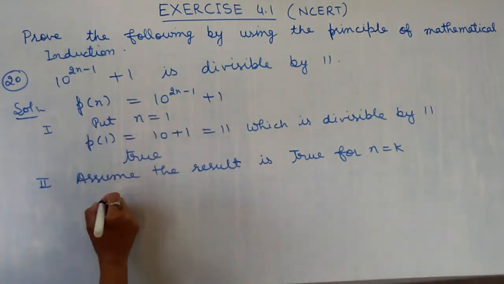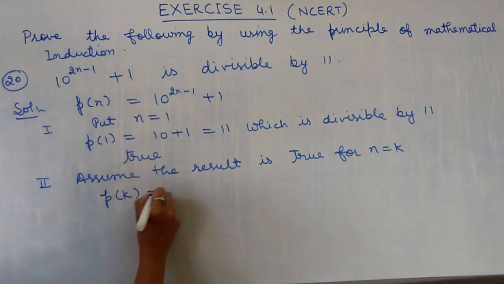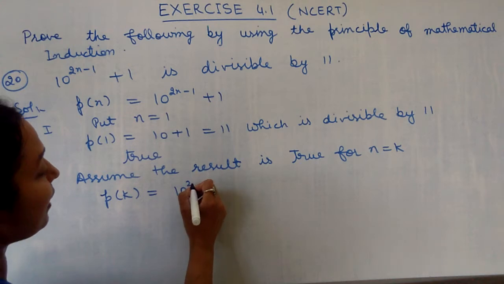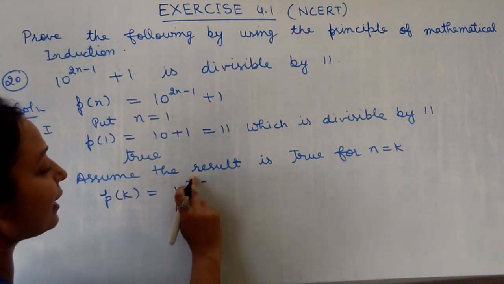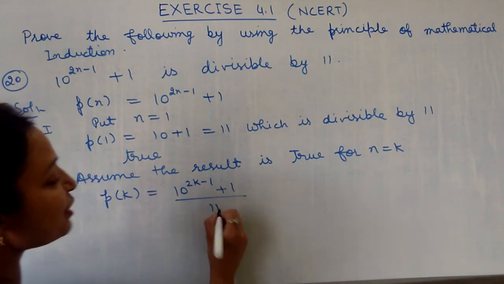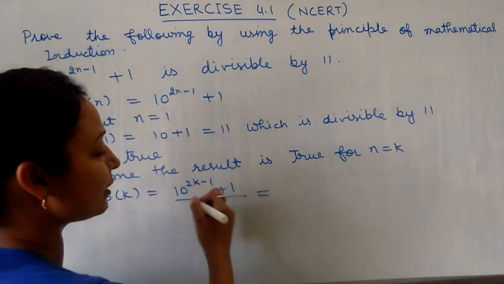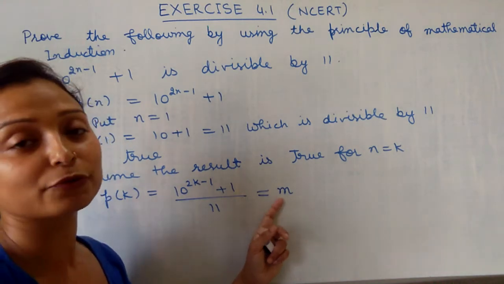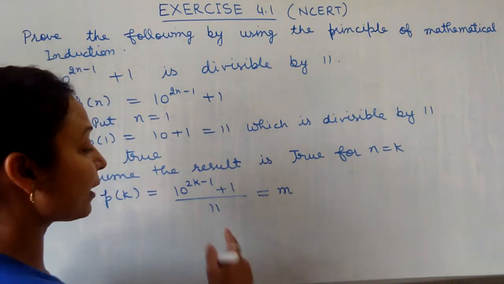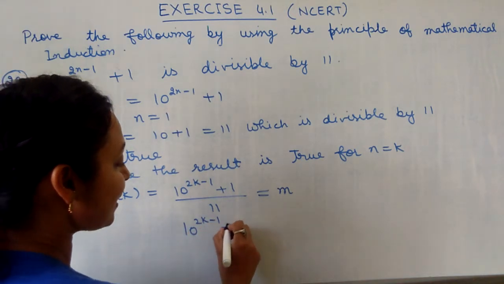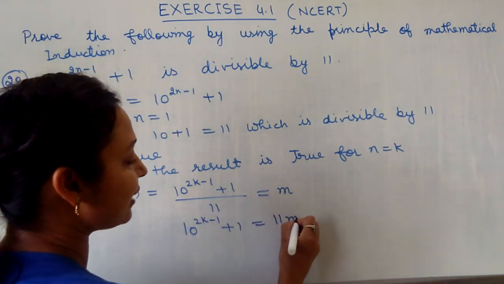So take it as Pk, that is equal to 10 raised to power 2k minus 1 plus 1. If it is divisible by 11, after dividing we have some quotient. Let us suppose the quotient is m. So 10 raised to power 2k minus 1 plus 1 equals 11m.